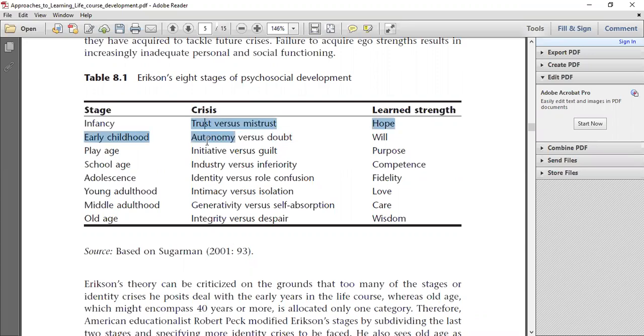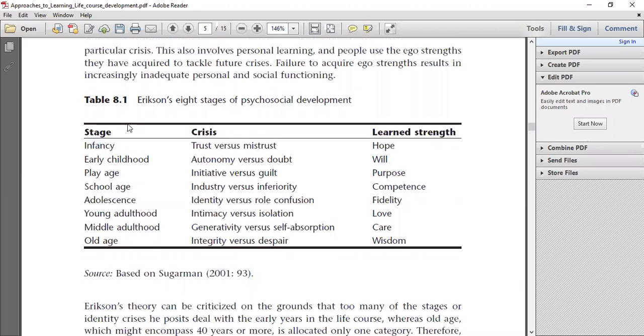So you can see on this side, trust, autonomy, initiative, industry, identity, intimacy, generativity. These are positive attributes, characteristics, while mistrust, doubt, guilt, inferiority, confusion, isolation, self-absorption, these are negative characteristics. So according to Erikson, these are the crises that a person faces, starting at infancy.